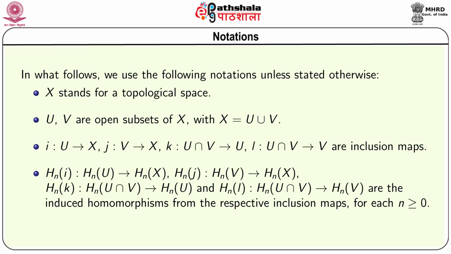The maps i, j, k and l are respectively the inclusion maps from U to X, V to X, U intersection V to U, and U intersection V to V. From these inclusion maps, we get the induced homomorphisms H_n i, H_n j, H_n k and H_n l for every n greater than or equal to 0.